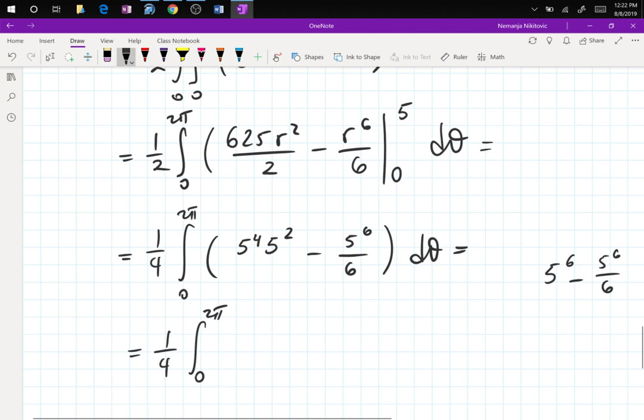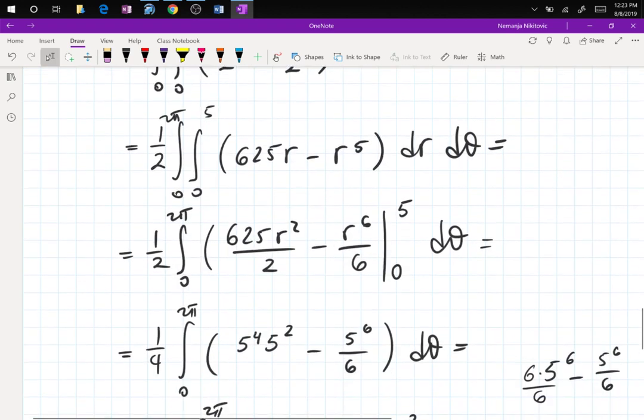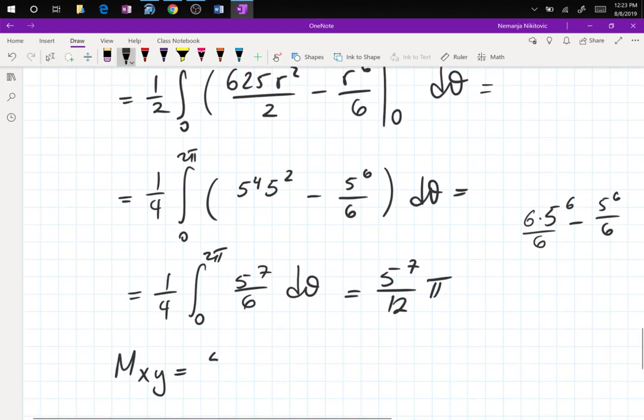If this is 6 over 6, that's going to be 5 to the 7 over 6 when you subtract. d theta, that's another constant, so 5 to the 7 divided by 24 times 2 pi, so this is 12, and that's a pi. So I calculated that Mxy is 5 to the 7 pi over 12.